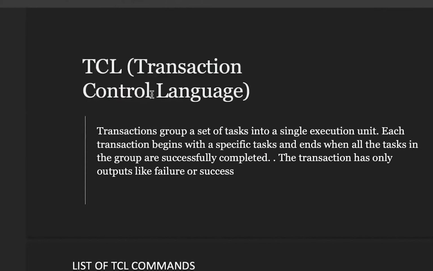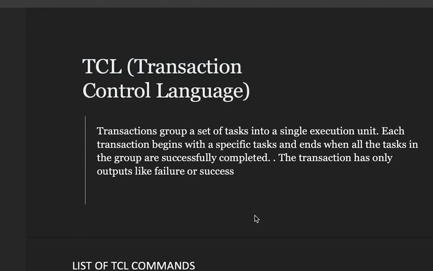And we have transaction control language. Transactions group a set of tasks into a single execution unit. Each transaction begins with a specific task and ends when all the tasks in the group are successfully completed. The transaction has only one output, failure or success.